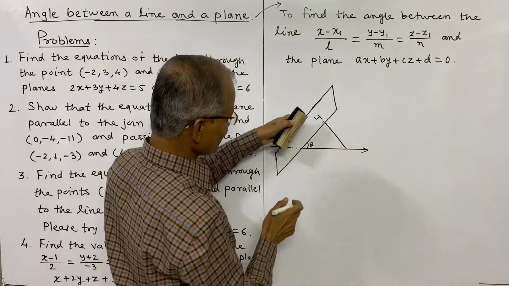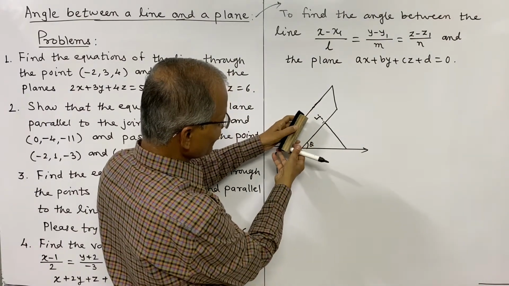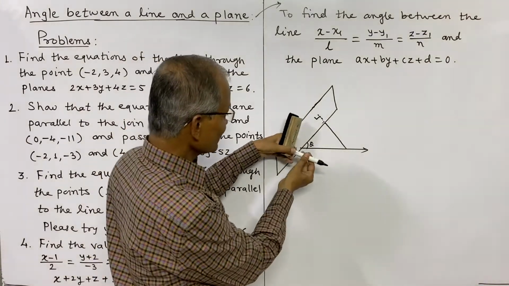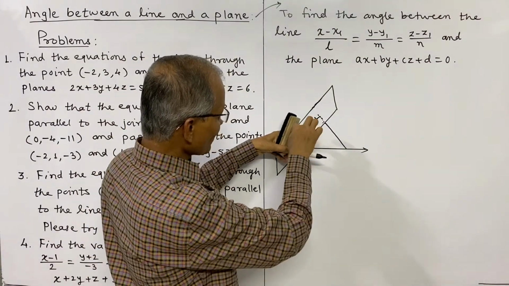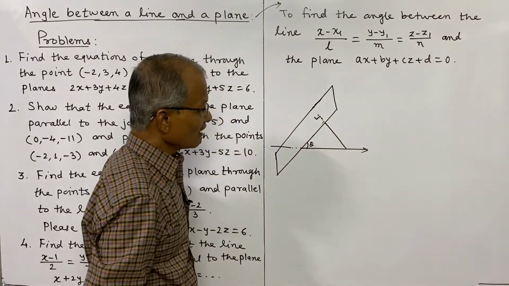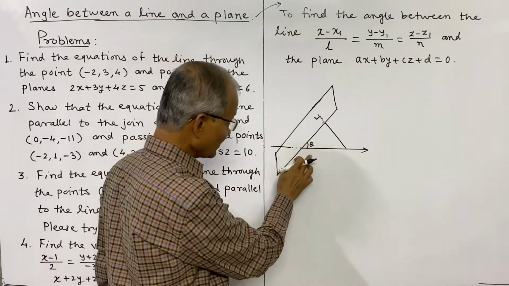You have to imagine this is a plane and this is a line, and the angle between these two is this one. What we are considering is a perpendicular from this plane to this line, like this. And if this is theta, this is 90 degree.